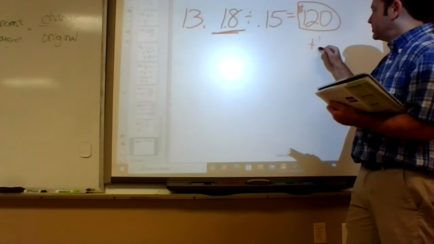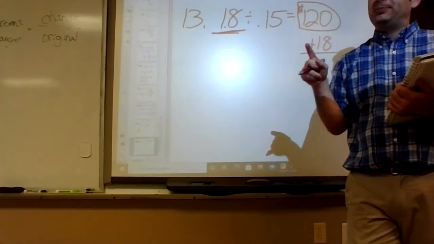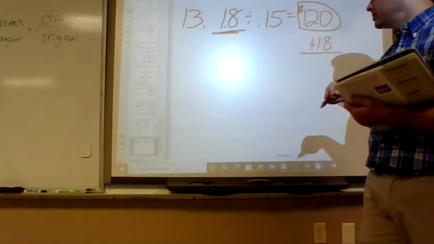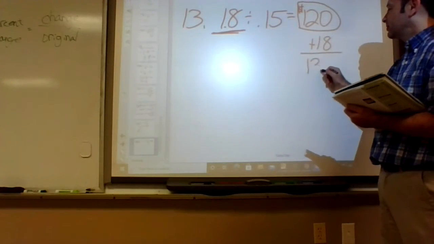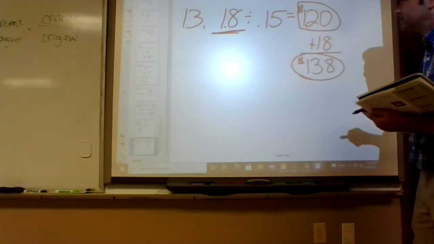So we need to increase 120 by $18. Remember how I said A plus C equals D? That's what we're doing right now. So that's the retail price.